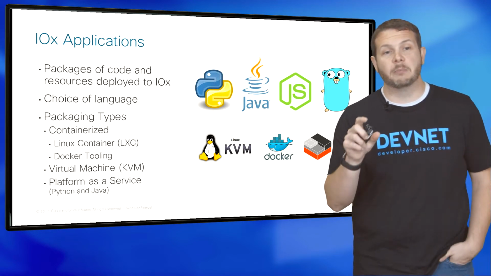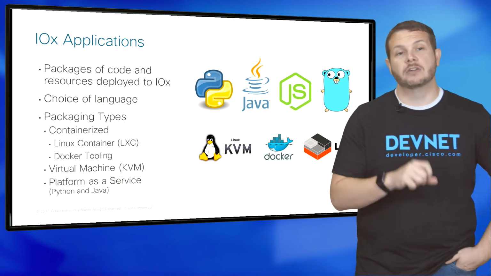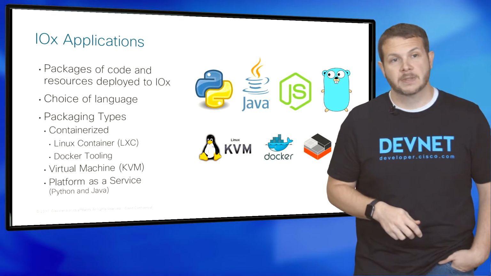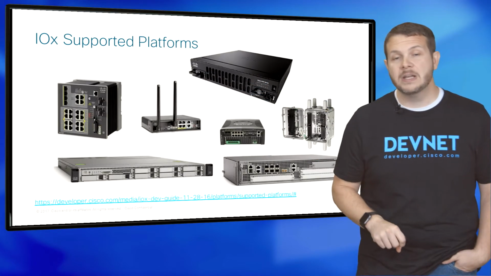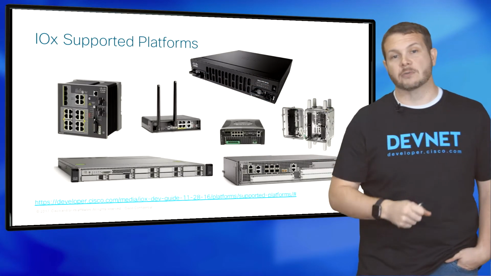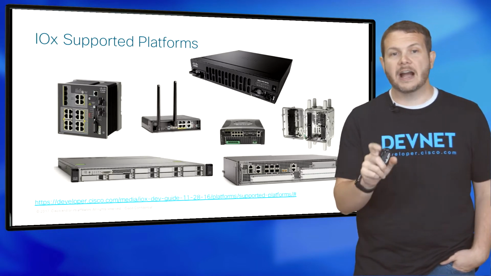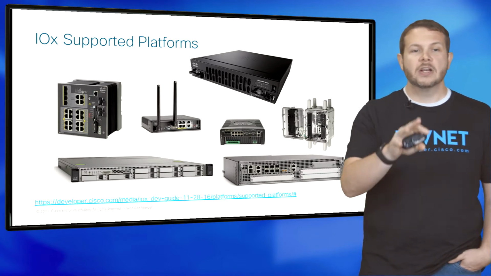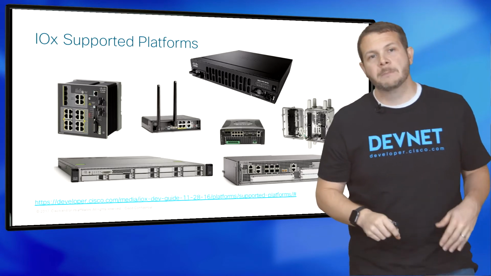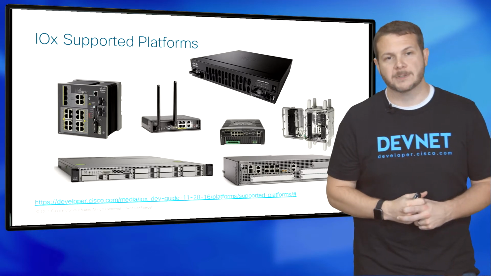And then we have also a platform as a service for the lightweight Python and Java applications your developers may be interested in. Now, IOX is supported across a range of platforms from Cisco, including our ISR and ASR routers, specific industry or industrial devices like our IR integrated router gateways, our CGRs, UCS server platforms. There really is a wide variety of where you can run your IOX applications.